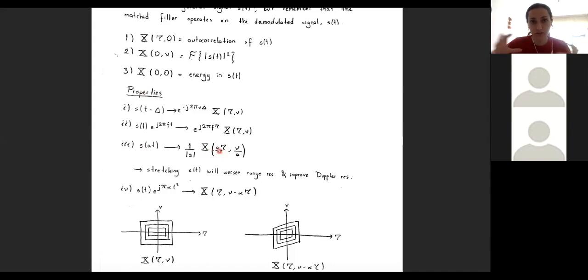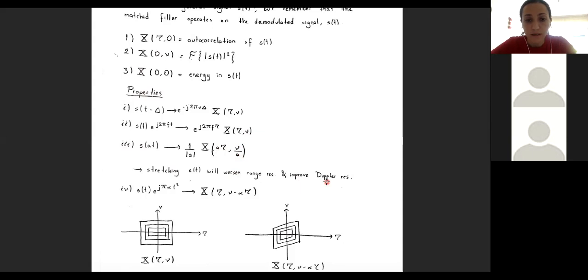You're going to have a larger extent along the tau dimension, which tells you that your range resolution will get worse, because you're going to see large values for the ambiguity function for a larger range of tau values or delay mismatch. Oppositely, you're going to see better resolution because of this squeezing operation along the v dimension. You're going to get better velocity resolution or Doppler resolution.